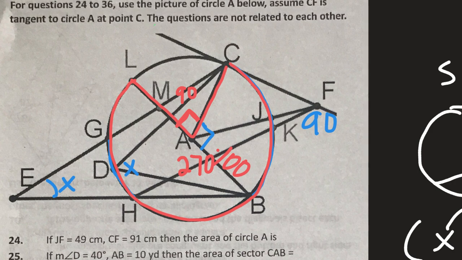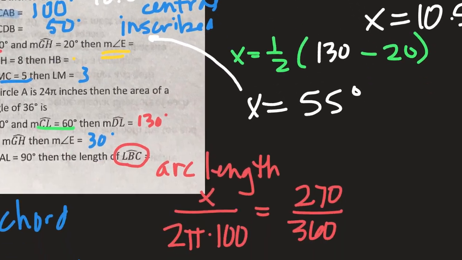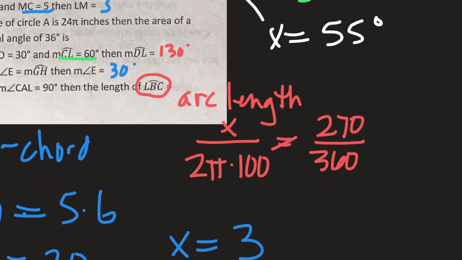So we subtract it from 360 in order to do that. And now we cross multiply. So 270 times 200 times pi divided by 360 gives me an arc length of 471.239.